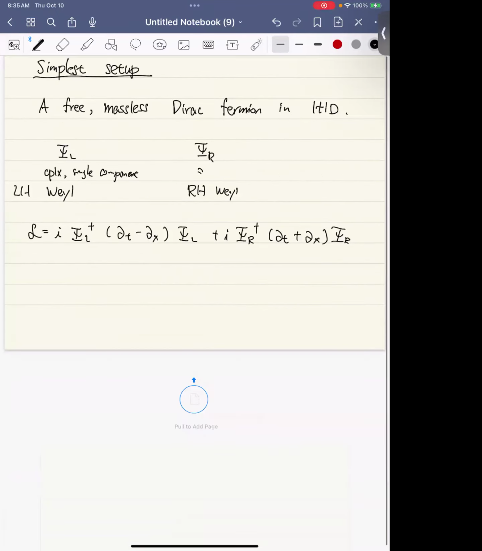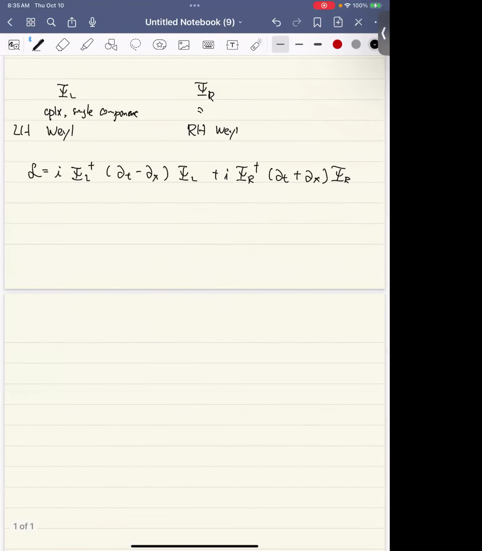So this is the continuum theory, and what's the symmetry we are shooting for? Well, this model has an O(2) times O(2) symmetry, but I'm going to focus on two U(1) symmetries. The first one is a vector U(1), which just rotates the left-handed fermions and the right-handed fermions by the same phase.